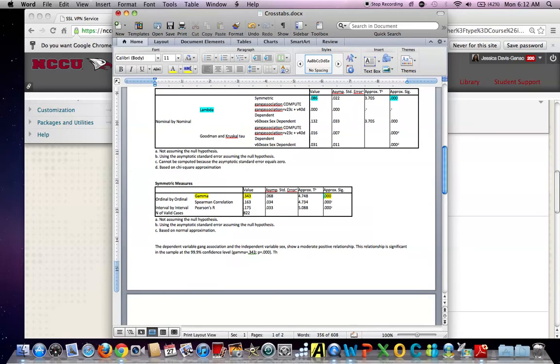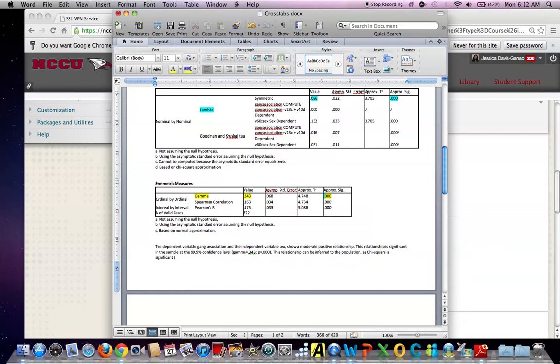The chi-square, or this relationship, can be inferred to the population as chi-square is significant.